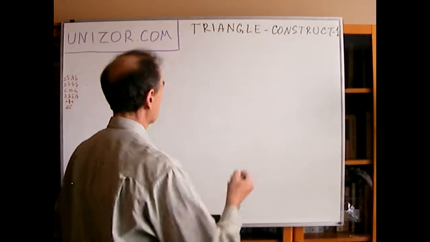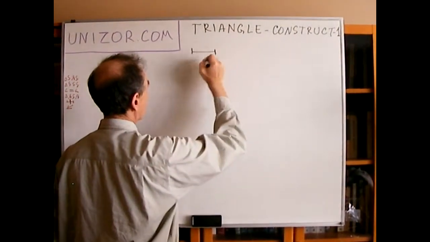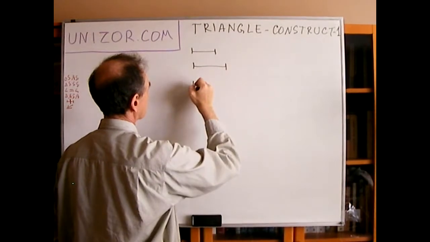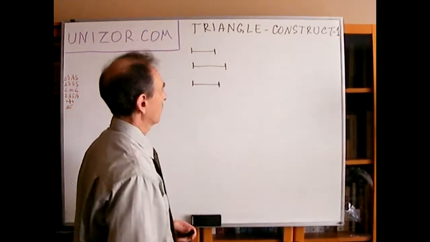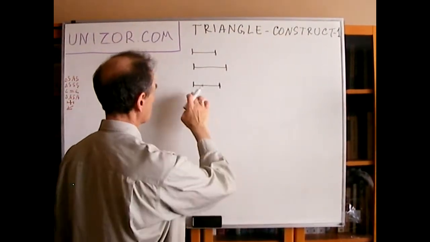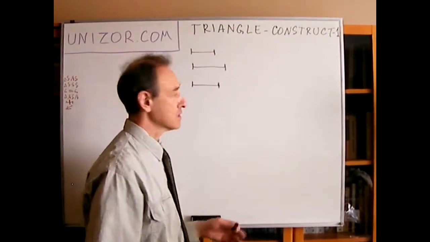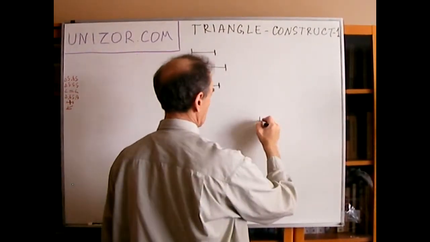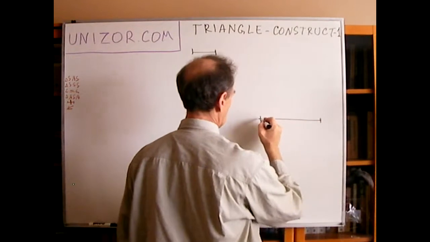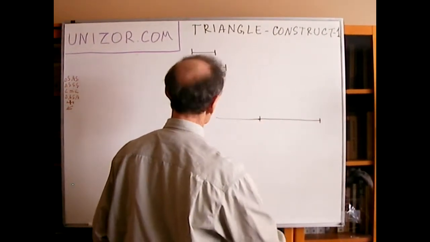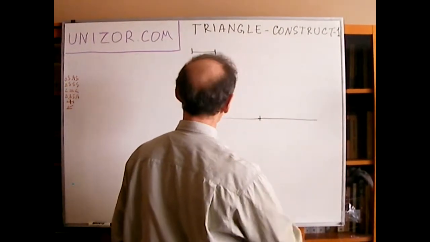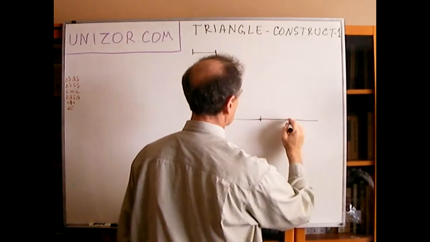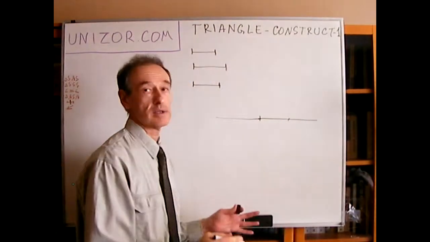Very simple. If you have three segments, 1, 2, and 3, what we can do is take any segment, one of these three, about this one, and put it on any line anywhere on the plane.